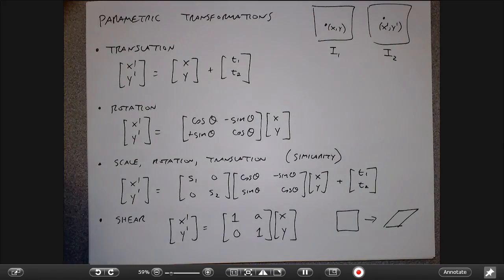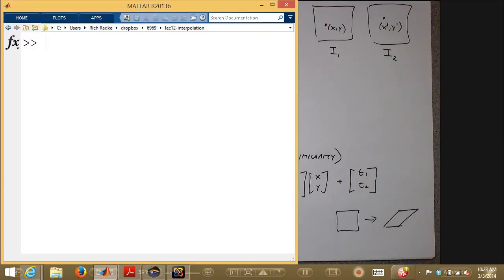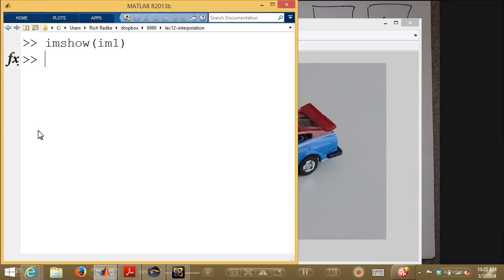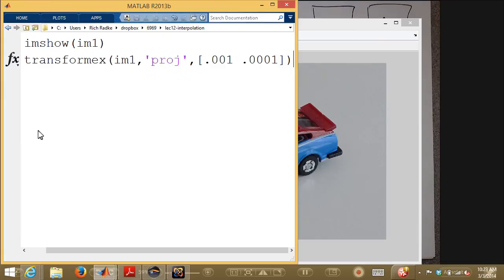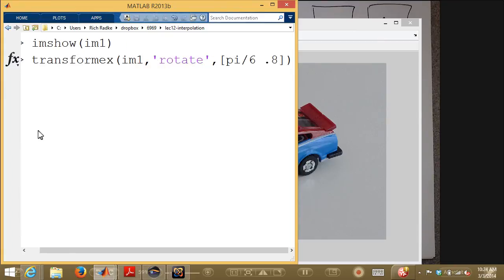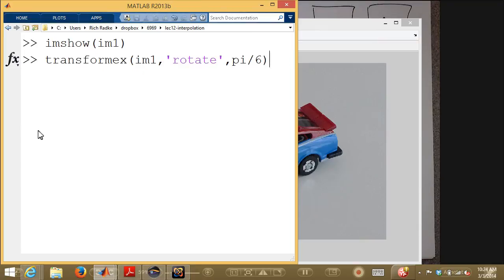And MATLAB will happily help you view all these transformations. So here's an example of an image, and I made a little transformation example. Here I can take the image and rotate it by pi over 6.